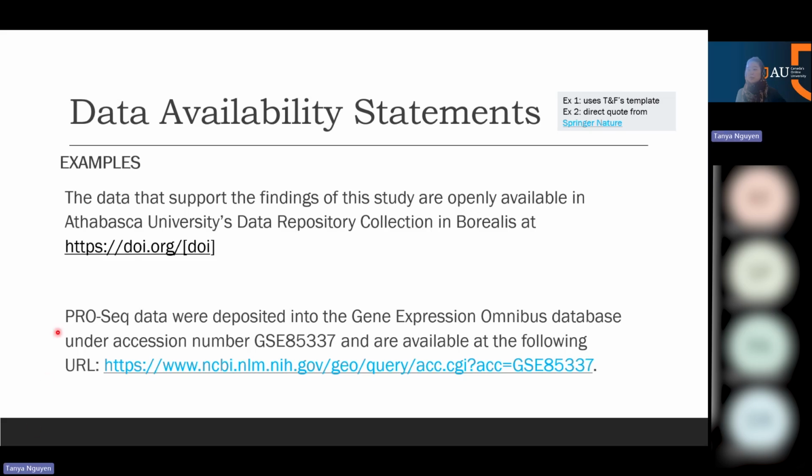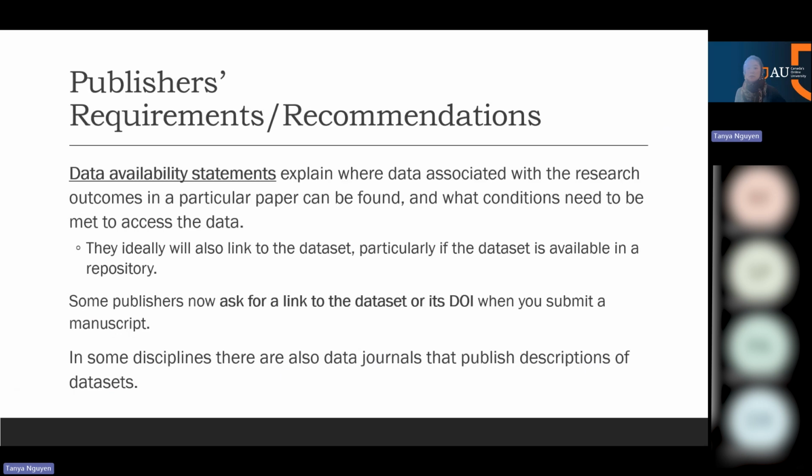Another example, PRO-SEQ data was deposited in the gene expression omnibus data set under this session number and is available at the following URL.